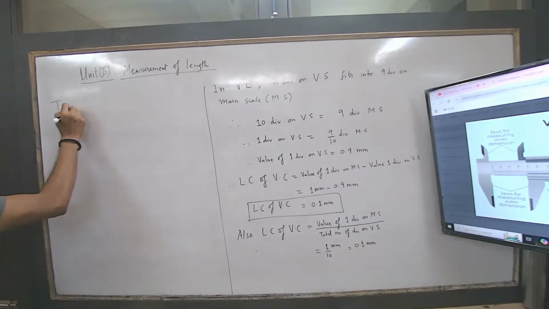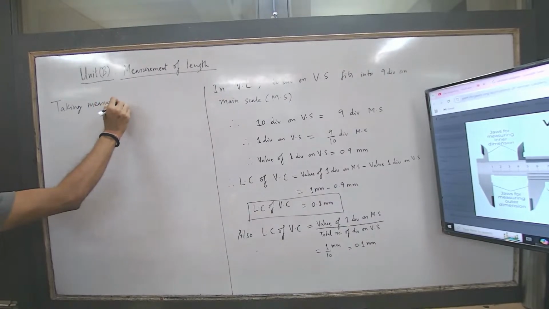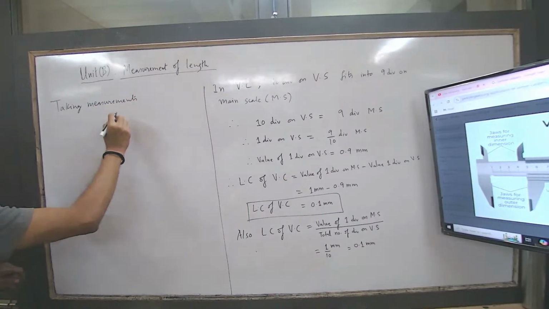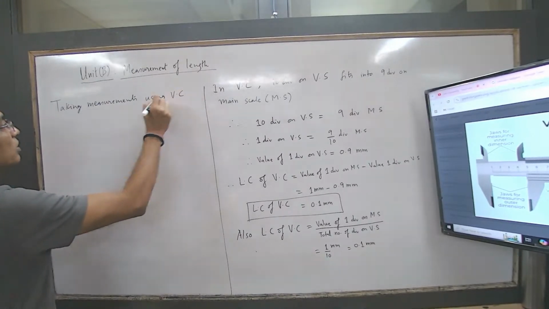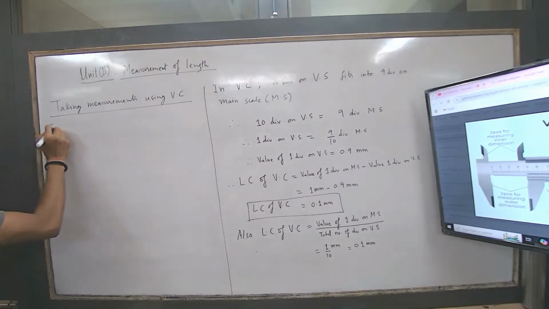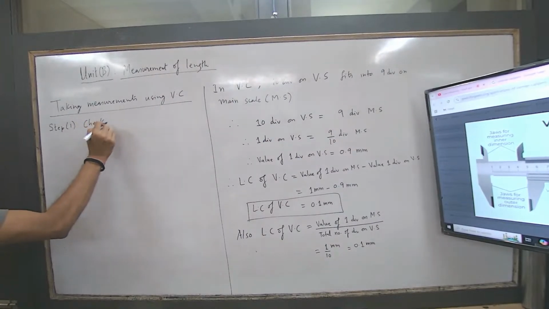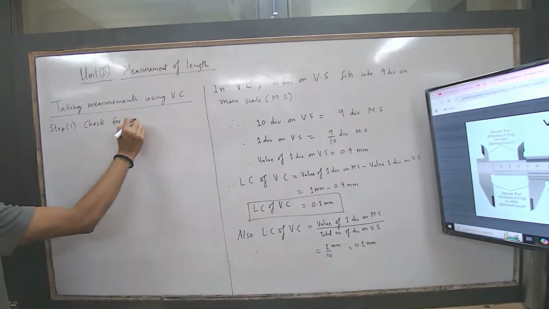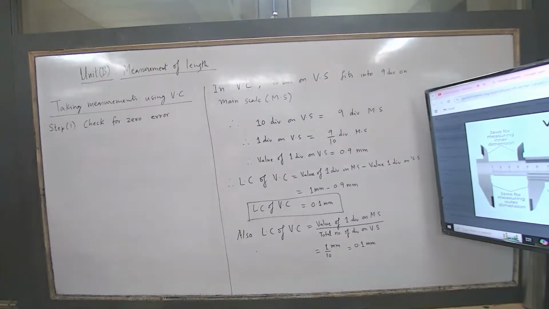So, taking measurements using vernier calipers. Step 1: check for zero error. Okay. First thing you have to do is check for zero error.